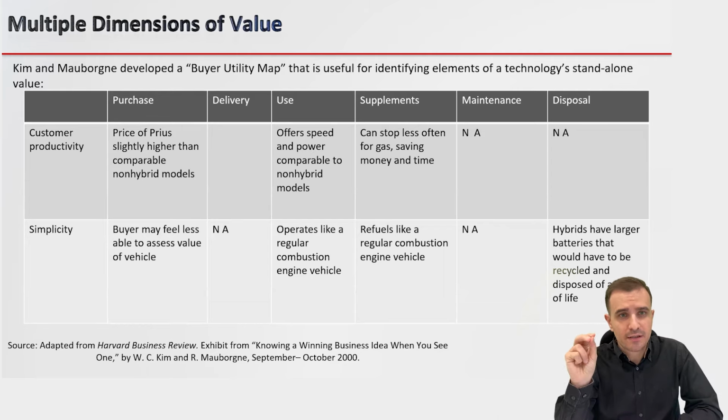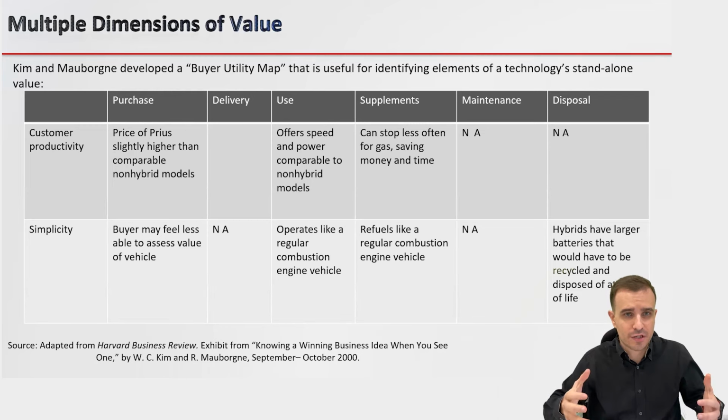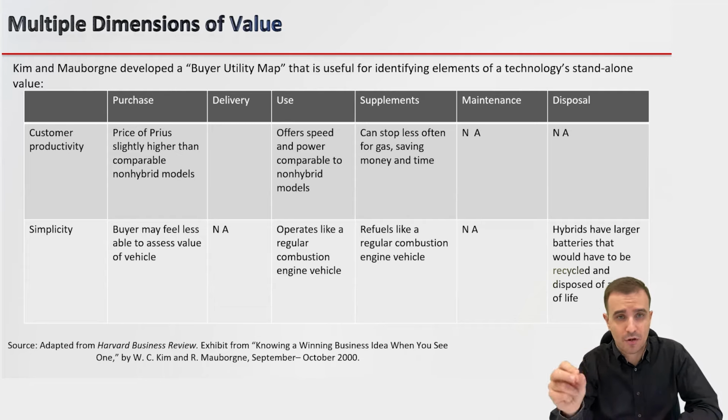The utility, so the standalone utility, which we have already seen. The second one is the install base. Install base means the number of users that adopted the technology. And the final one is complements, so complementary products that can be plugged into our installed base.